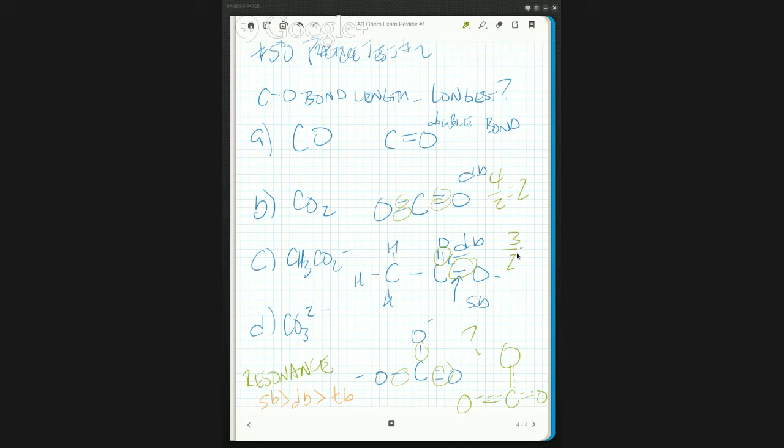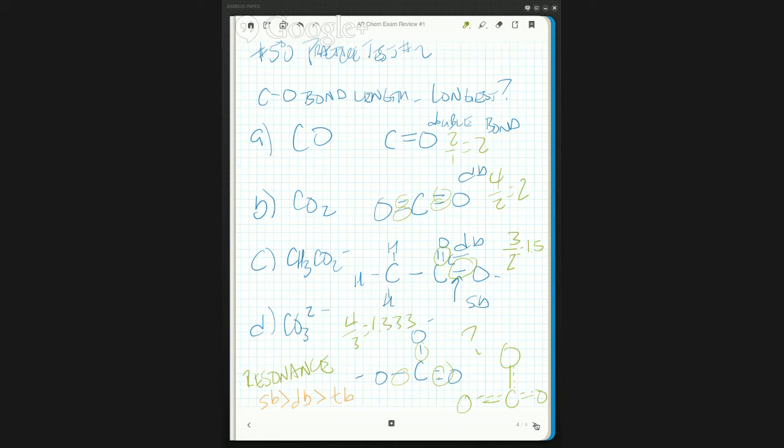This is equal to 1.5. But 2 bonds over 1 location is equal to 2. And then right here, you have 1, 2, 3, 4 bonds over 3 locations. So you have 4 over 3, which is equal to 1.333.